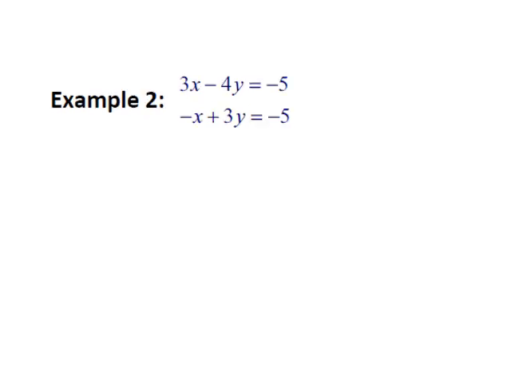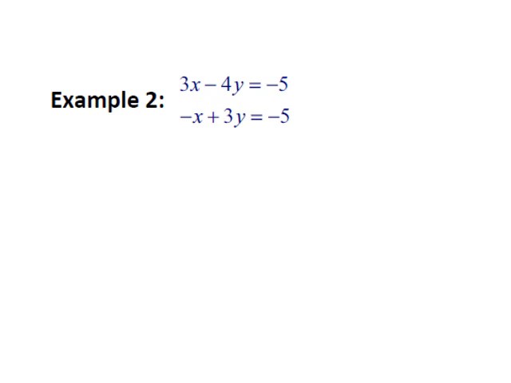Example 2. This time, when I add these equations together, nothing's going to cancel out. So I need to multiply one of these by some number so that either the x's or the y's will cancel. Well, I like to find one that is going to be the easiest.